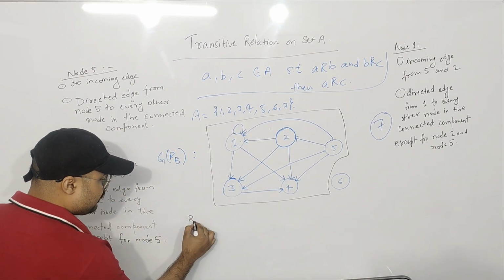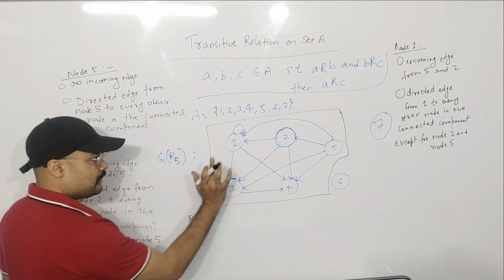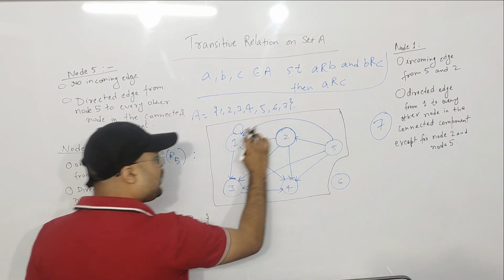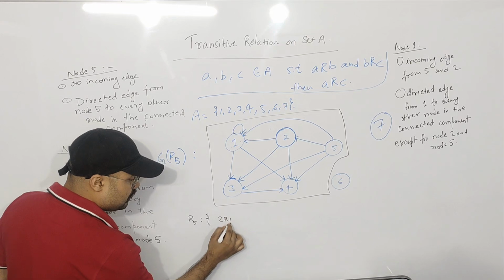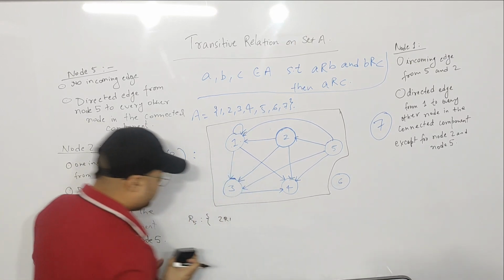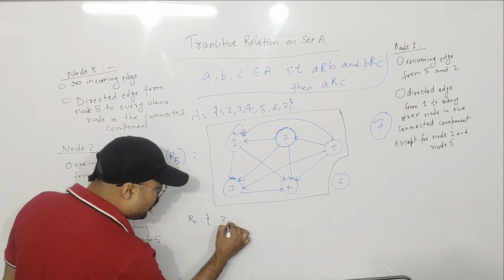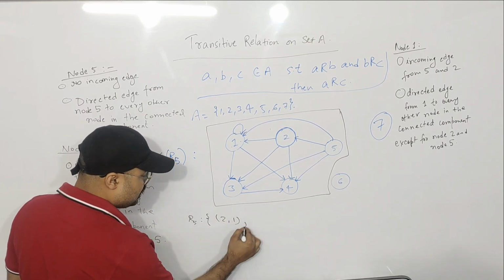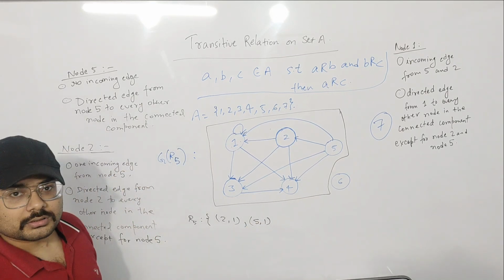This is my R, right? So if you look at node 1, there is a directed edge from 2 and from 5, which means that (2,1) is an element of your relation, and (5,1) is an element of your relation.